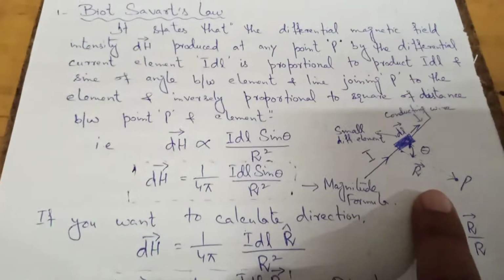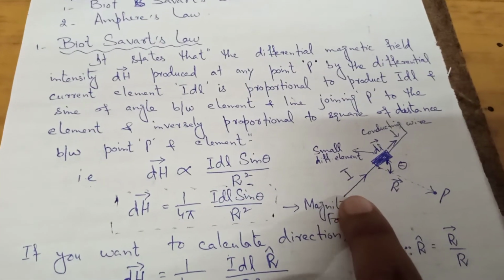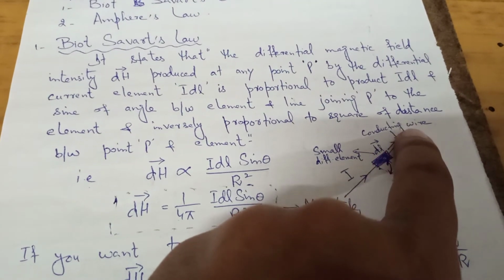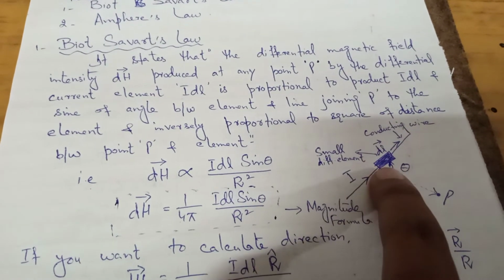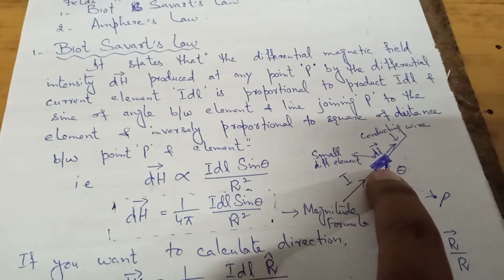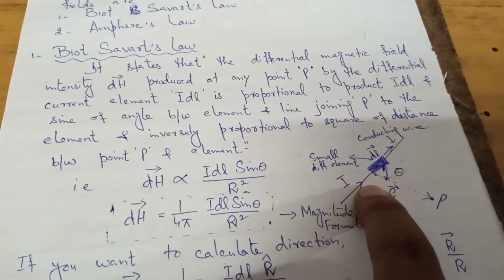The above statement is drawn in the figure, where the straight line is a conducting wire, and here we have a small differential element. Current is flowing in the direction shown.